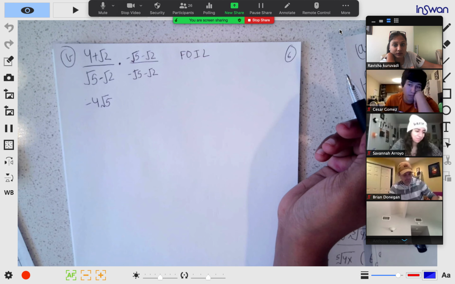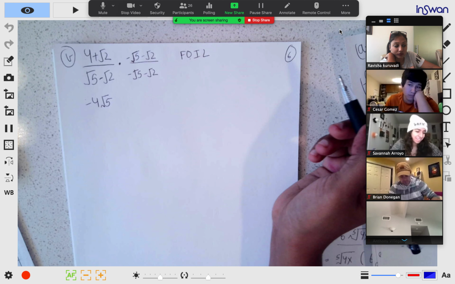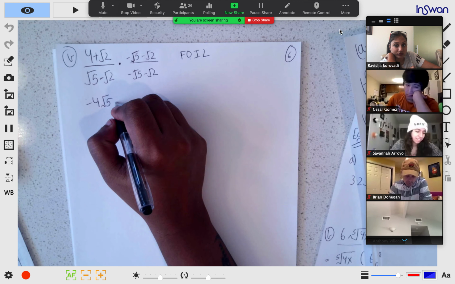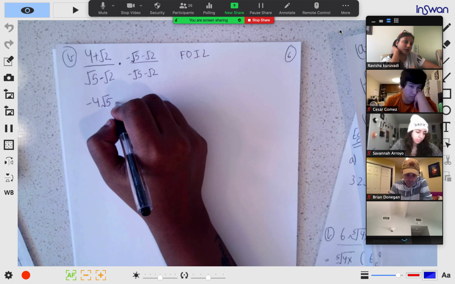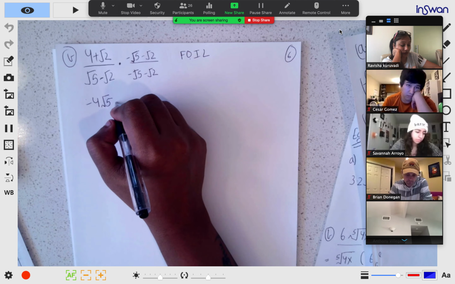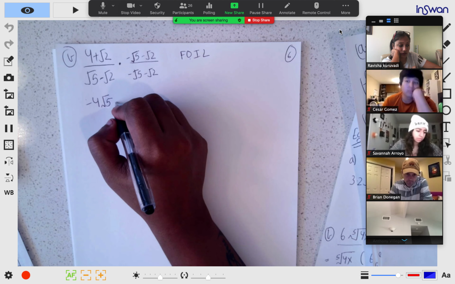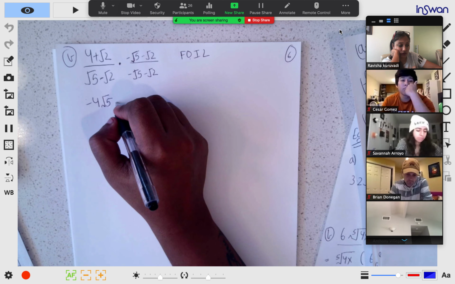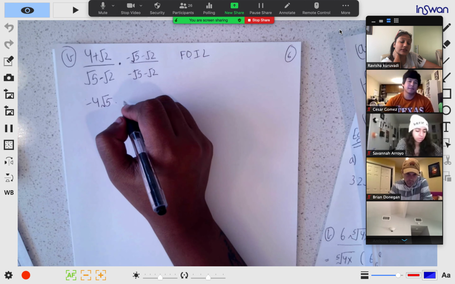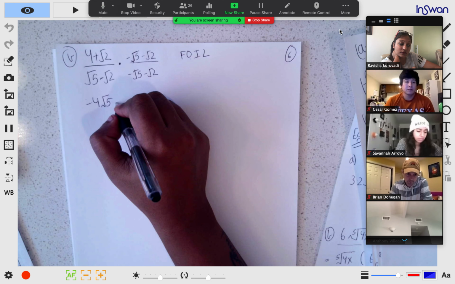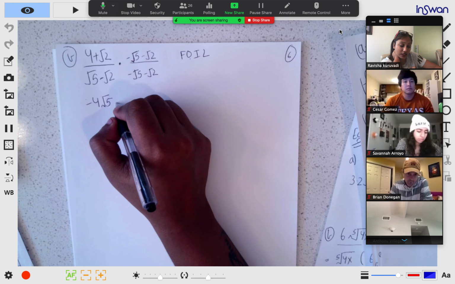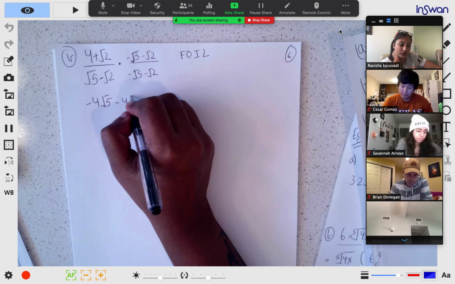And then the other one, isn't it going to be... We'll multiply 4 as well. Yes, 4 with negative square root of 2. What do you get? Negative 4 square root of 2.